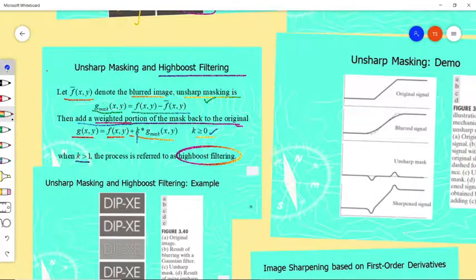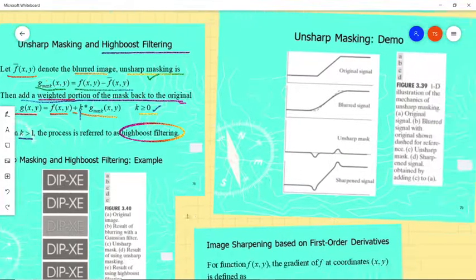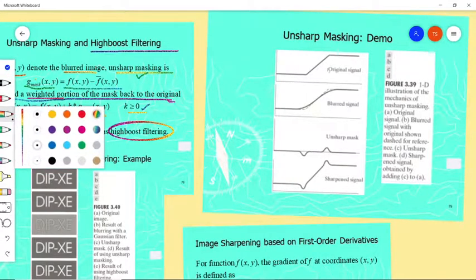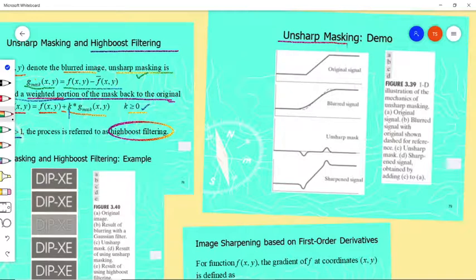And now I'll show some examples. Here see, this is the original signal. This is the demo for the unsharp masking example, and for this original signal we are blurring the signal.